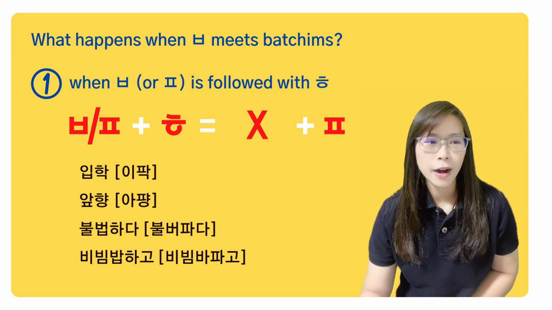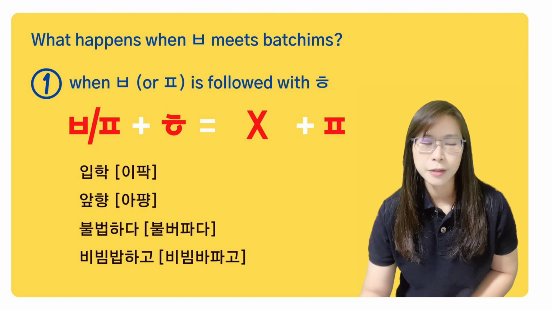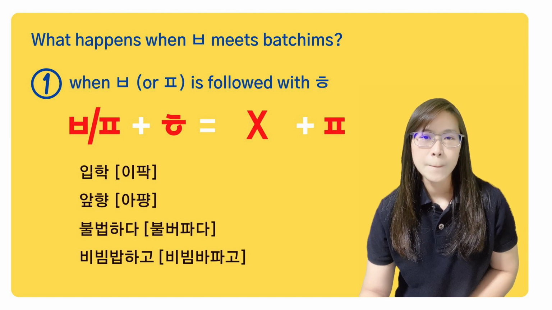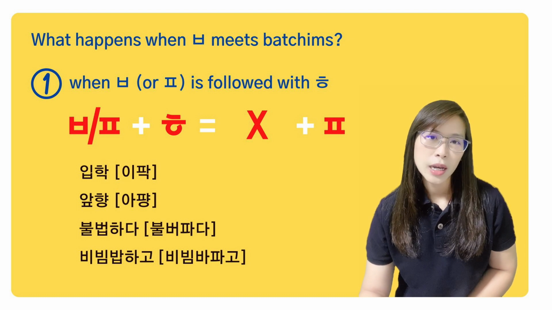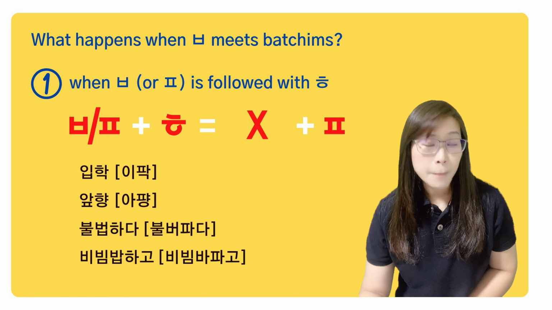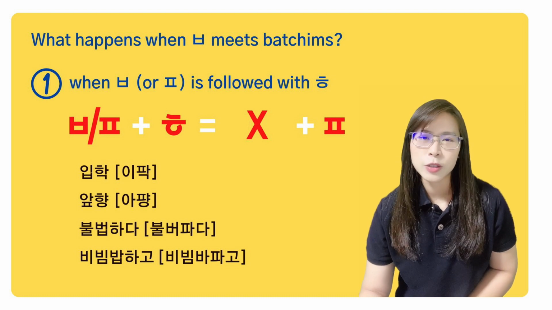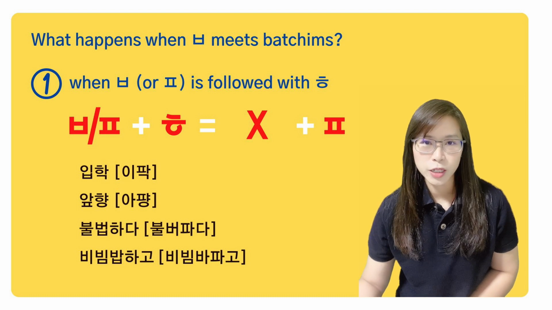Now, 불법하다. 불법 is illegal. 불법하다, very good. And the last one, 비빔밥하고. Bibimbap, we all know that is the Korean food. And so 하고. 비빔밥하다. Very good.